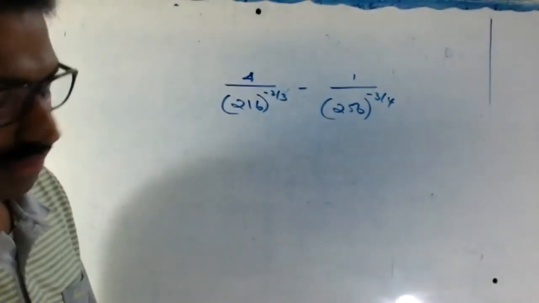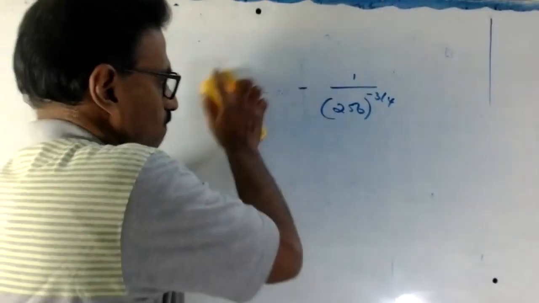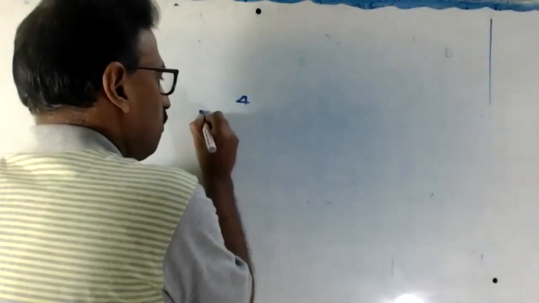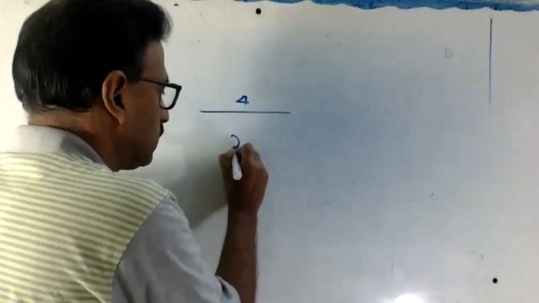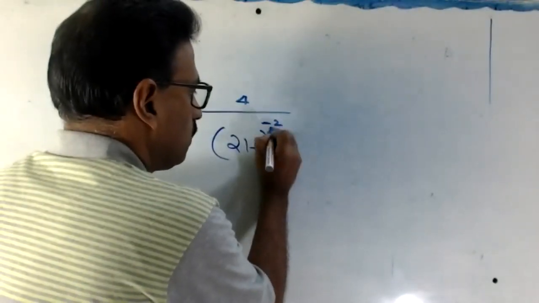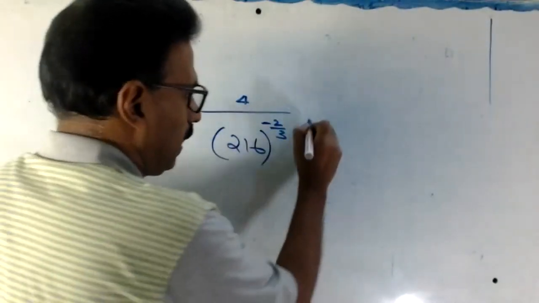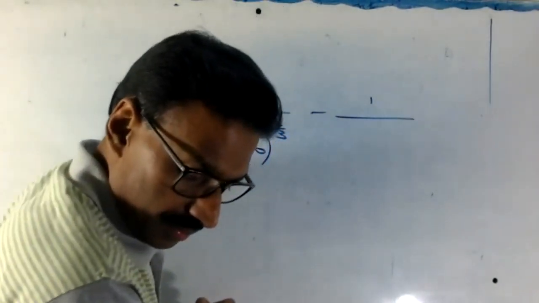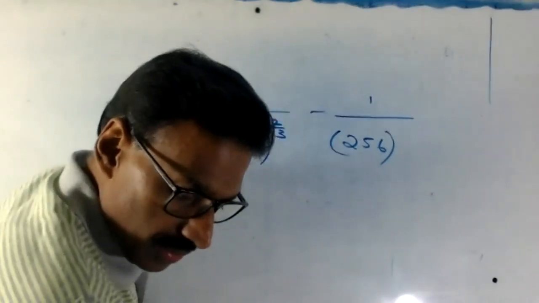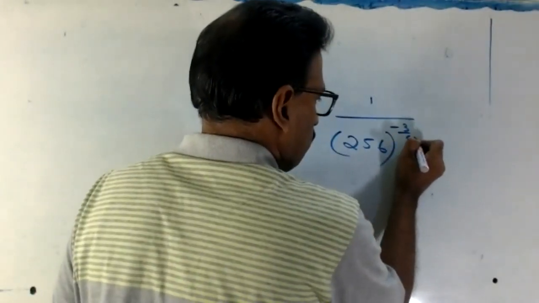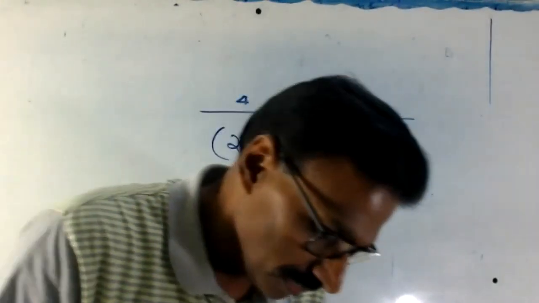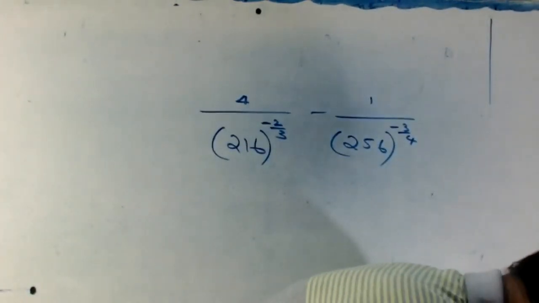The question is not clear, I'll write it again. 4 divided by (216) all raised to minus 2 by 3, minus 1 divided by (256) all raised to minus 3 by 4. Now clear? Forget about the answer now. Okay, let me.